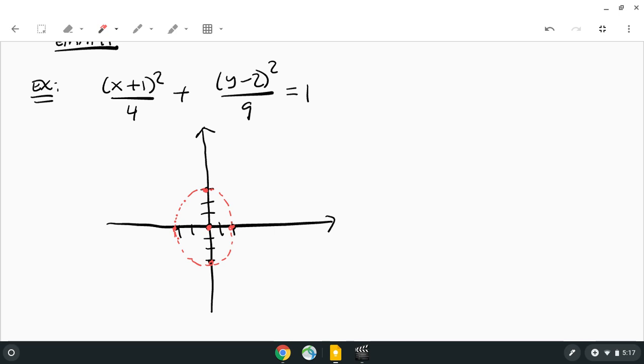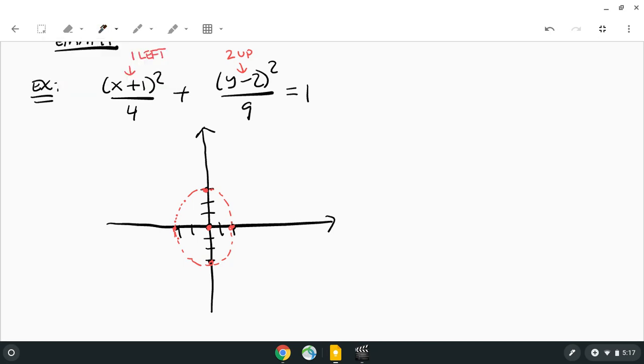This tells me that I need to shift 1 unit left, and this tells me that I have to go 2 units up. Let me get my black.